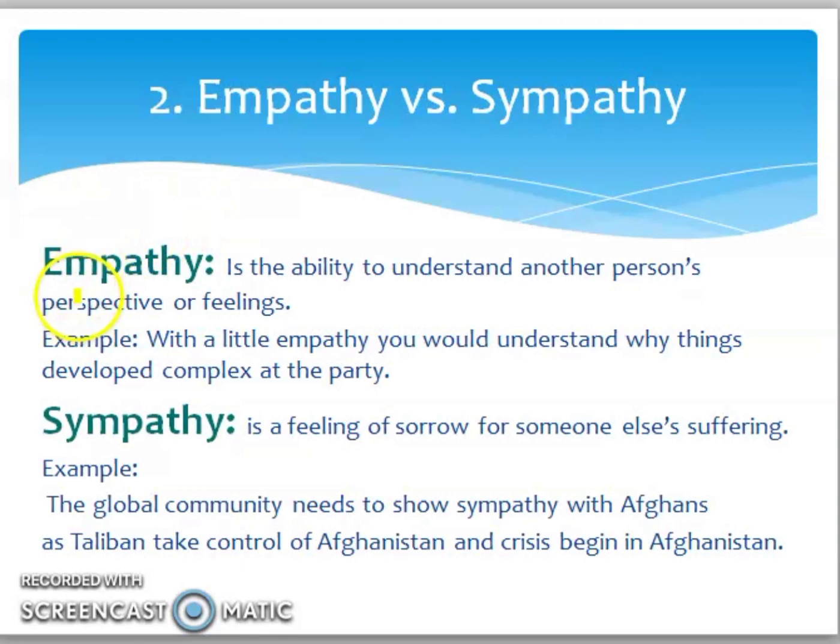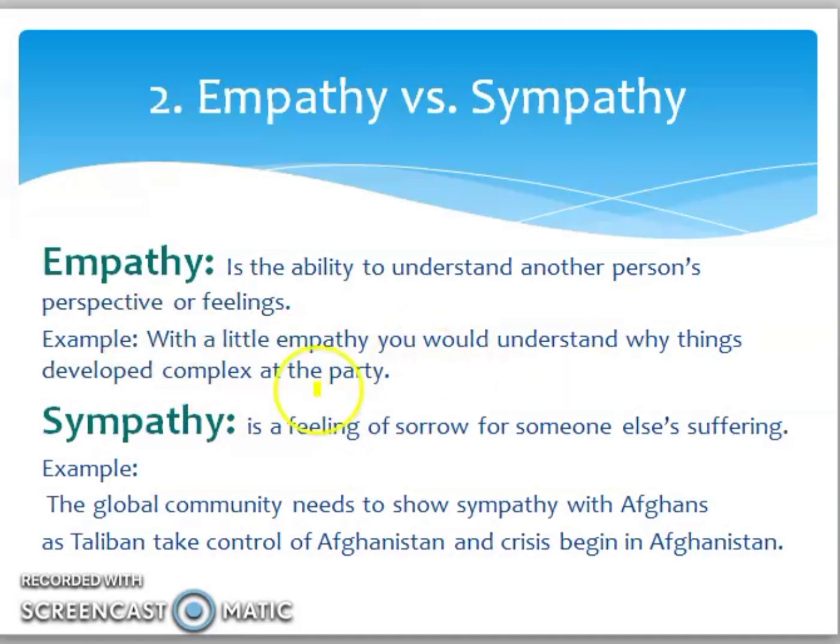Now, what is empathy? We could see the root path, which means feeling. It is the ability to understand another person's perspective or feelings. Example: with a little empathy, you would understand why things got complex at the party.